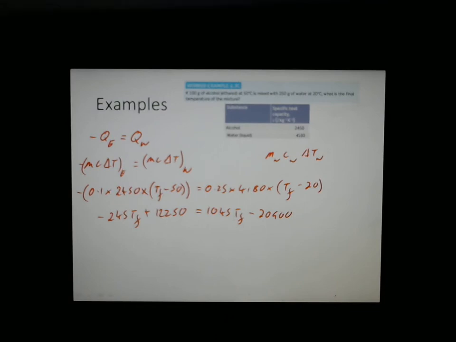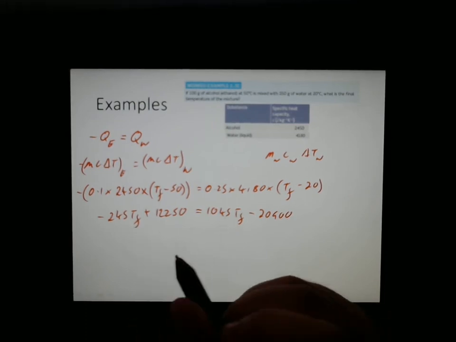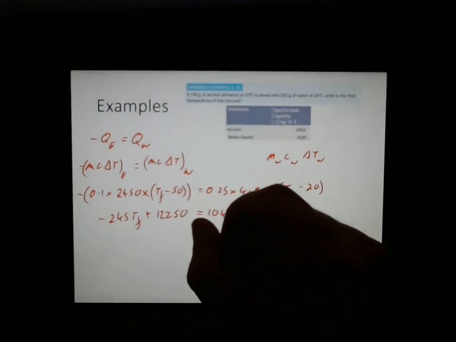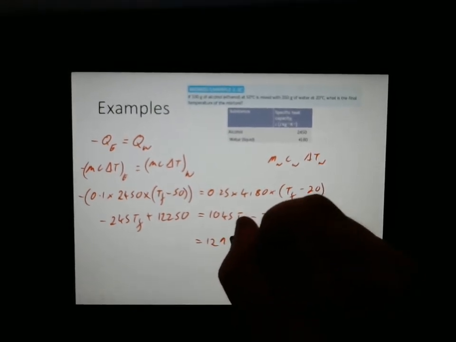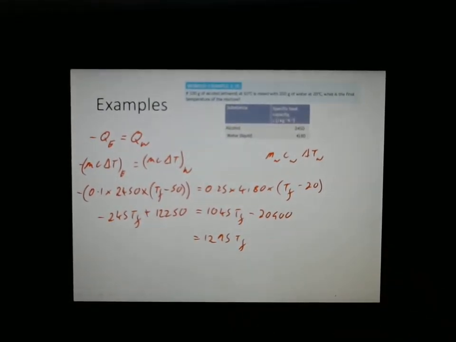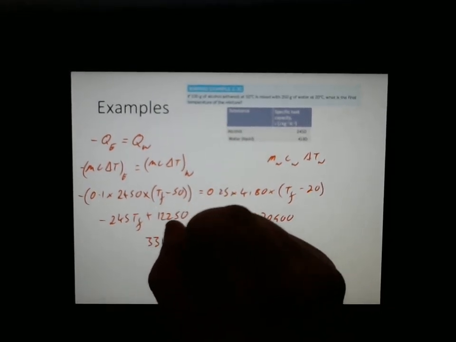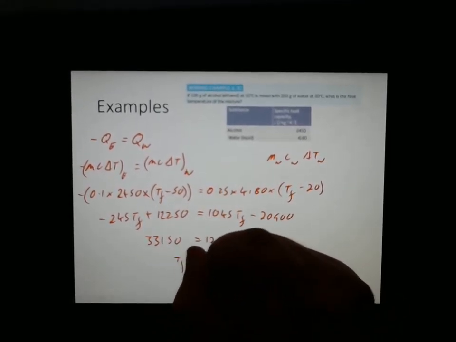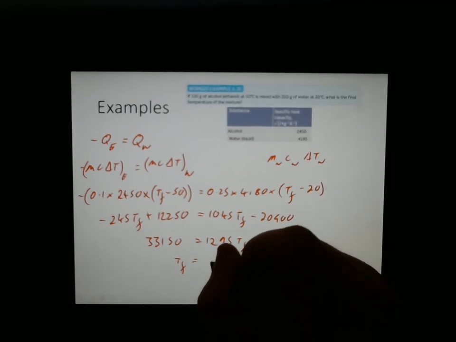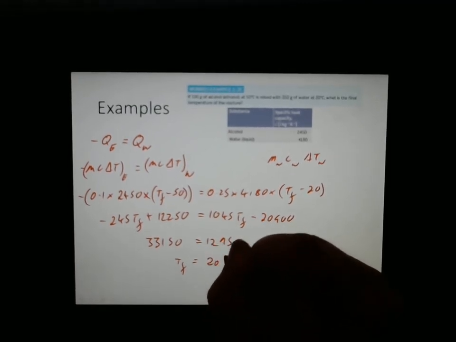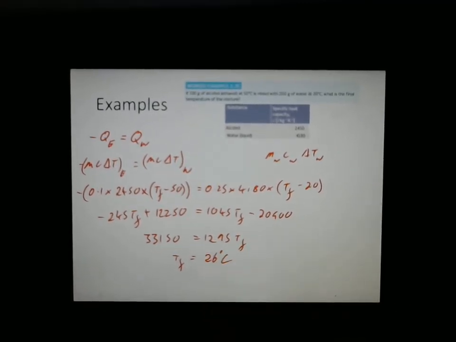It still gets the same answer because both sides will be negative. I just kind of like positives. So we add that over to that side. We're going to get 1295 TF is going to be equal to 33150. So TF will equal 25.6 or 26 degrees Celsius at 2 sig figs.